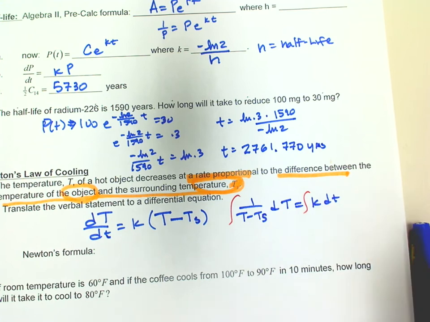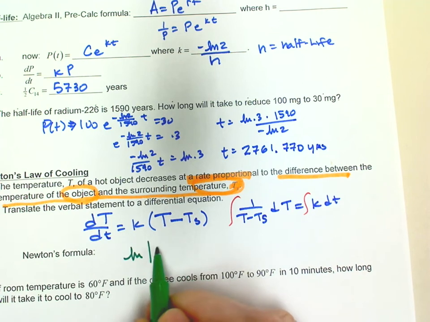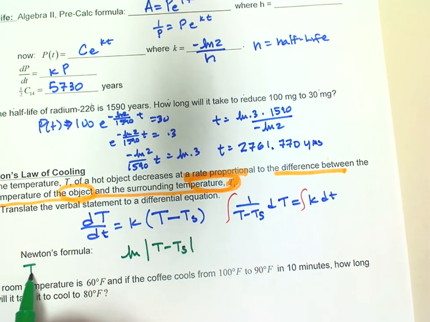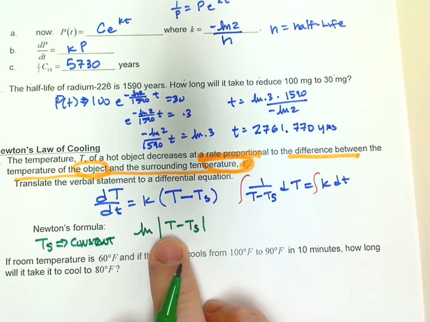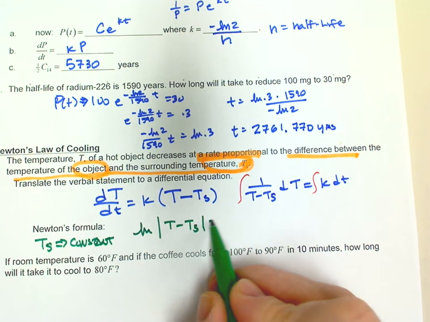We can integrate this, and we'll get Newton's law of cooling, which says the natural log of the absolute value of this. I do want to remind you, T sub s is going to be a constant. When we apply this, we're assuming that the temperature isn't affected by whatever we put in there. So that's going to stay constant. T sub s is a constant.